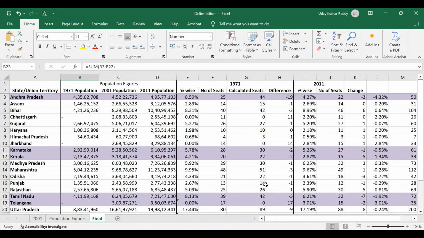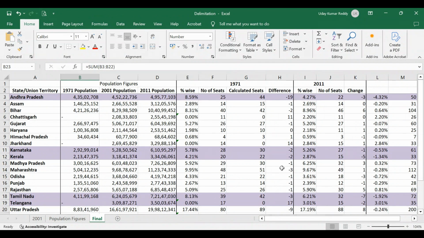So, if readjustment is done based on the latest population figures of the 2026 census, the states which have a higher population growth rate might be gaining seat share in the Lok Sabha. However, those states which have the lowest population growth rate might have to see a seat cut.